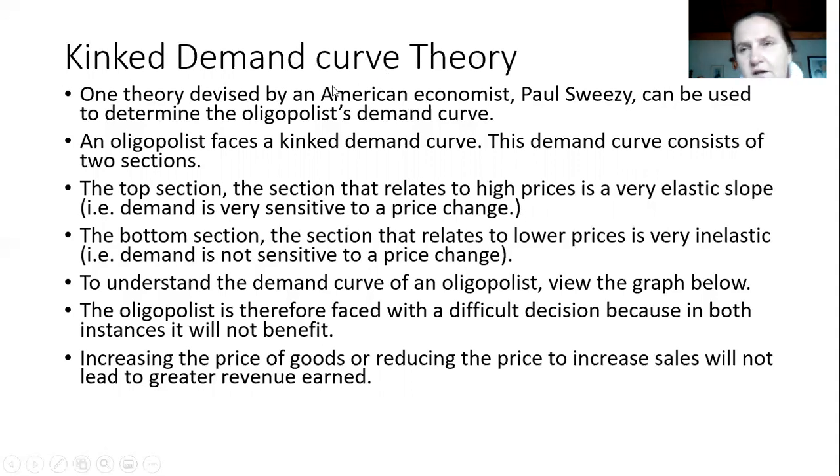It's only in oligopoly that you find this, and it's only one example that can occur but it doesn't always happen. So your demand curve consists of 2 sections. The top section is relatively high prices, it's very elastic, and it's very sensitive to demand. So price change is relatively rapid.